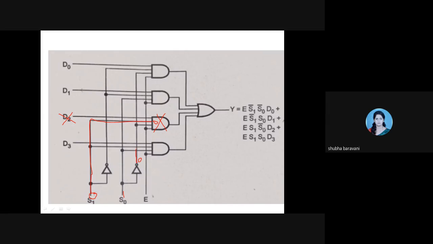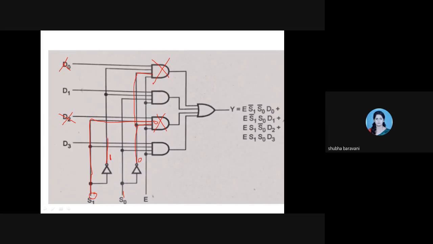That 0 is being given to the second AND gate and first AND gate, meaning even this is not going to operate. D0 will not reflect at the output. Now 1 will come here. If S1 is 0, after inversion you will get 1.